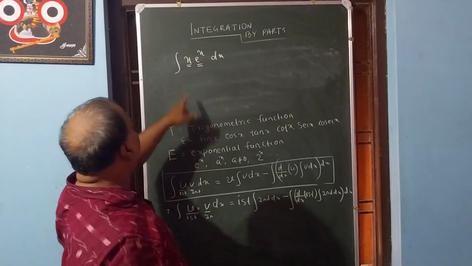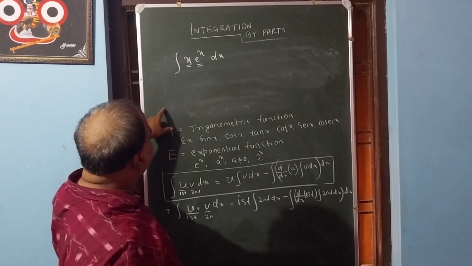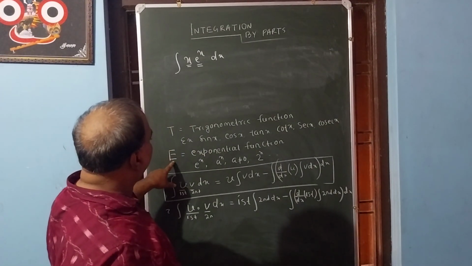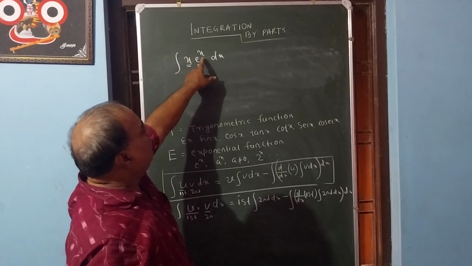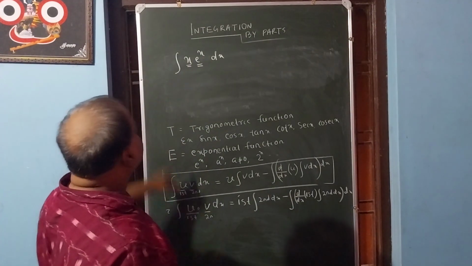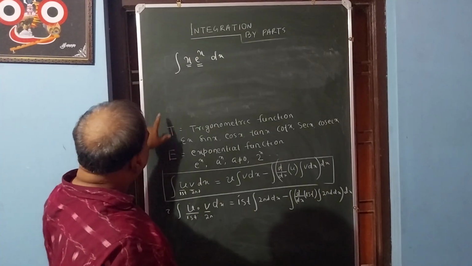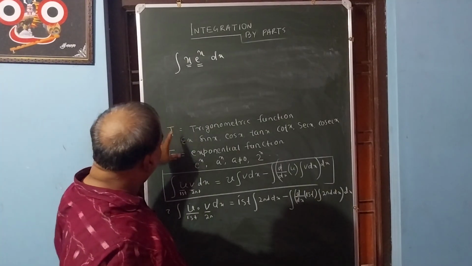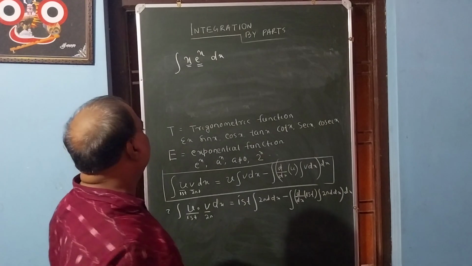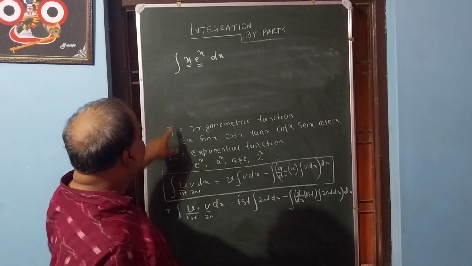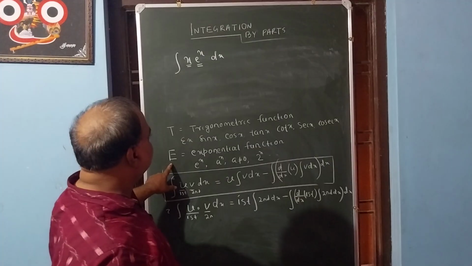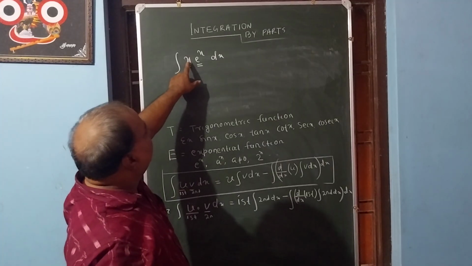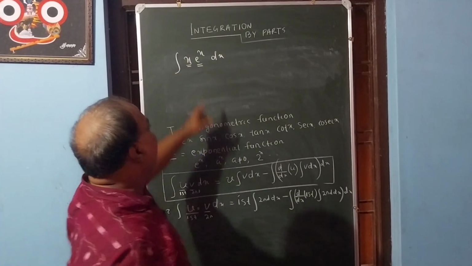Algebraic comes first, then exponential. First comes algebraic, then comes exponential. So here we choose x as the first and e to the power x as the second.